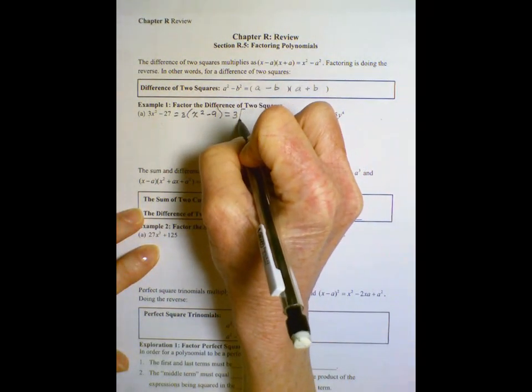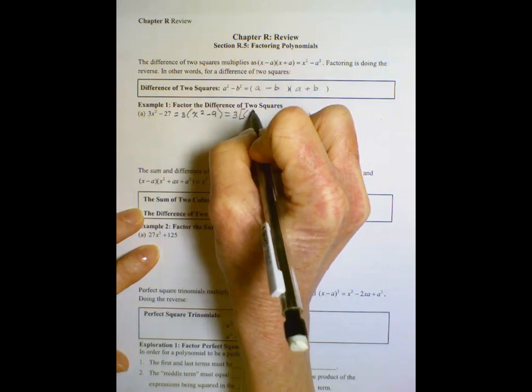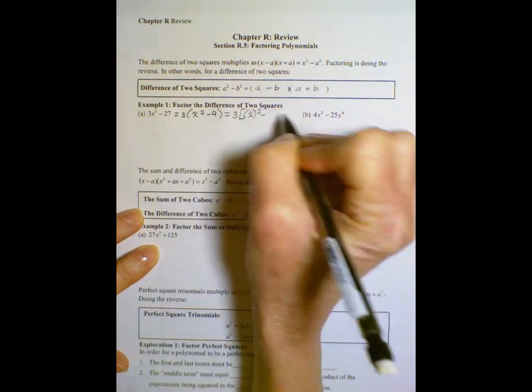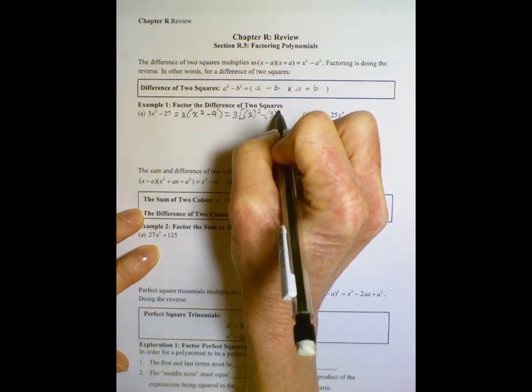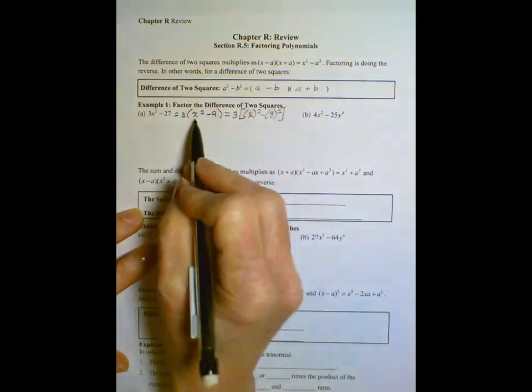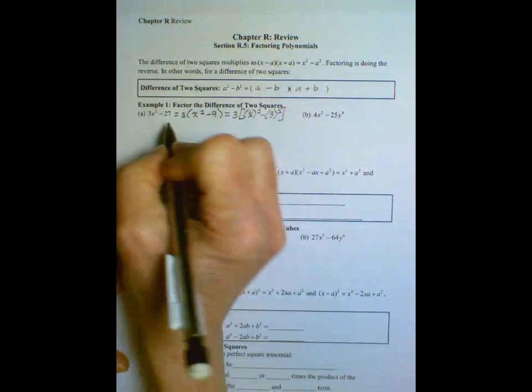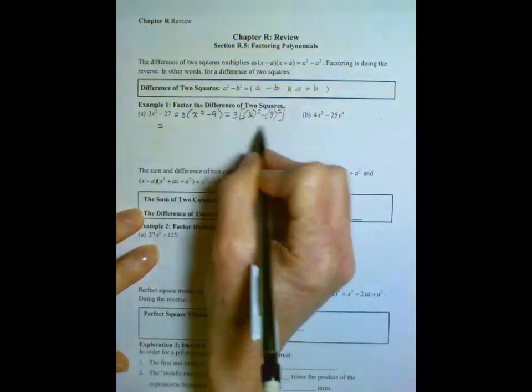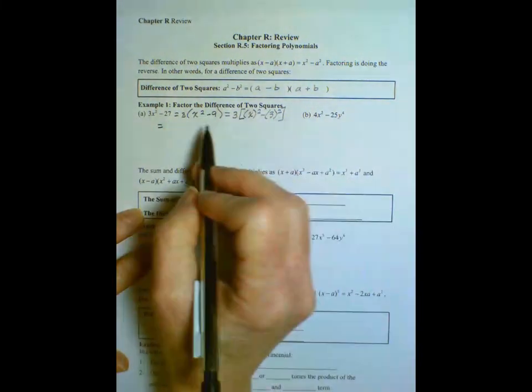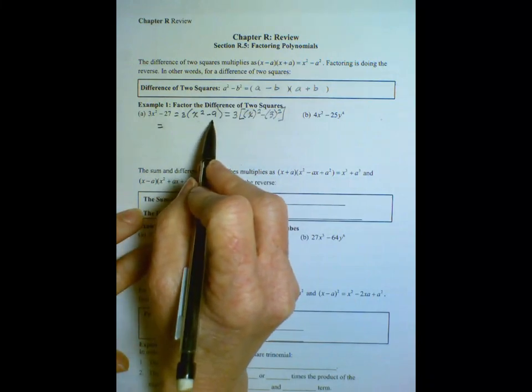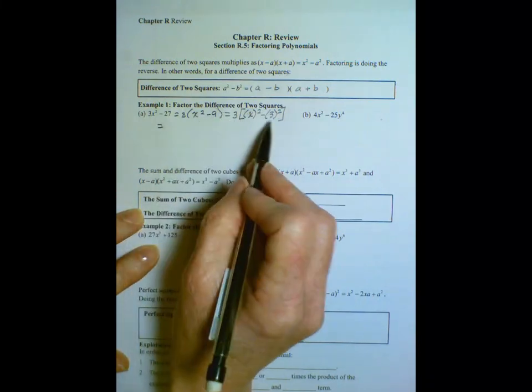And I'm going to use brackets so I can identify what's being squared in the first term minus what's being squared in the second term, because I don't need a squared and b squared. I need a and b to be able to factor this. That's the step that you may not always need, but I have seen people write x minus 9, x plus 9 for this problem, right?